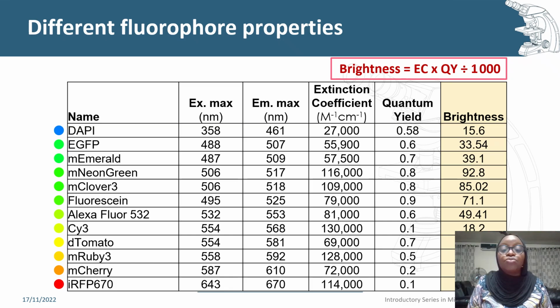The quantum yield is a number between 0 and 1, giving an idea of how many absorbed photons will contribute to the fluorescence. Brightness is the product of the extinction coefficient and quantum yield divided by 1000. Thus, the more the brightness, the more efficient it is in converting light into fluorescence.